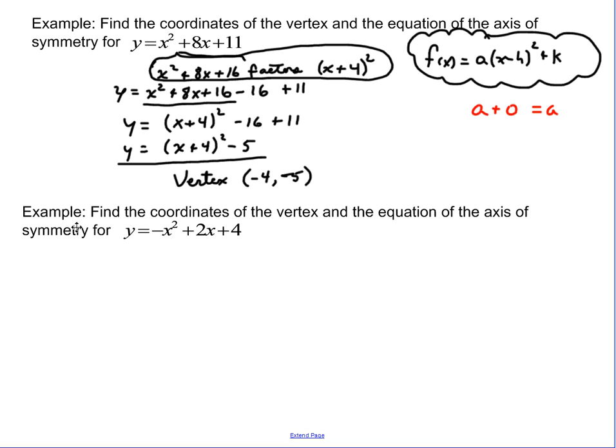We also want to find the axis of symmetry. My axis of symmetry in this case is going to be the line x equals negative 4, right? It's a vertical line. It always takes the form of the equation x equals something. And so this is my axis of symmetry for this graph.